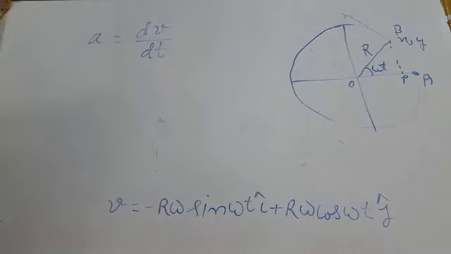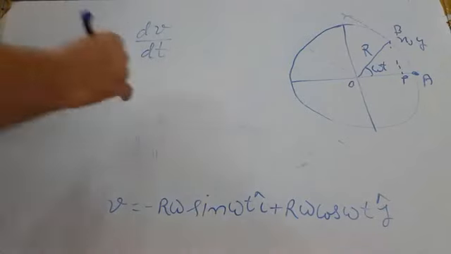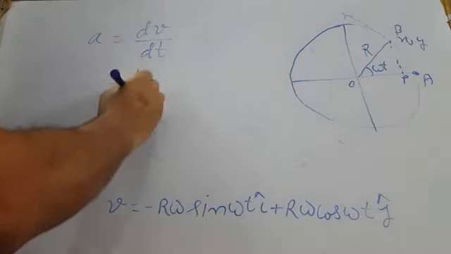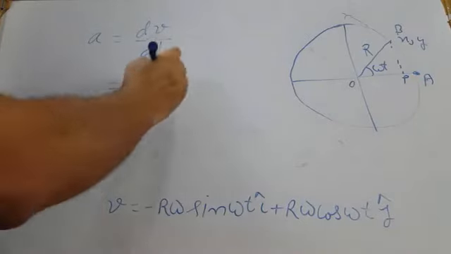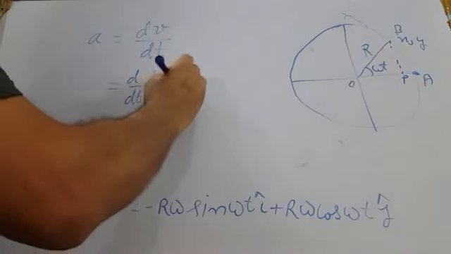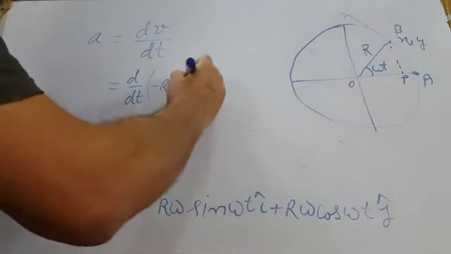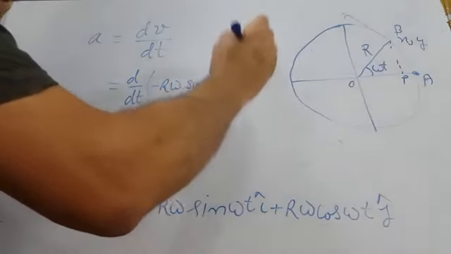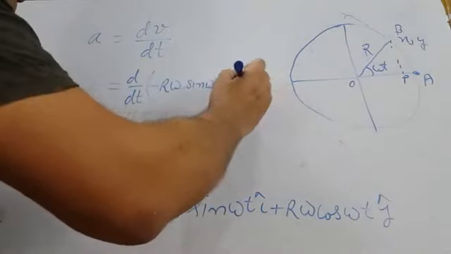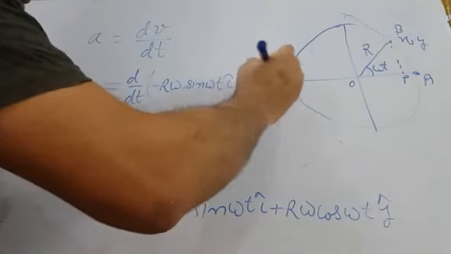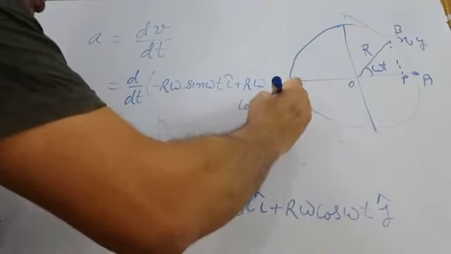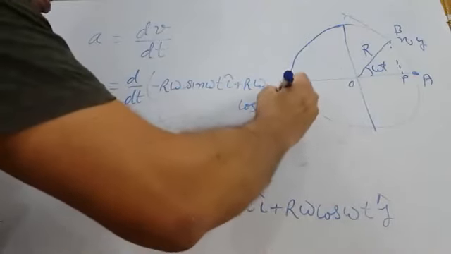So acceleration will be equal to d upon dt of velocity, which is minus r omega sin omega t along the x-axis plus r omega cos omega t along the y-axis.